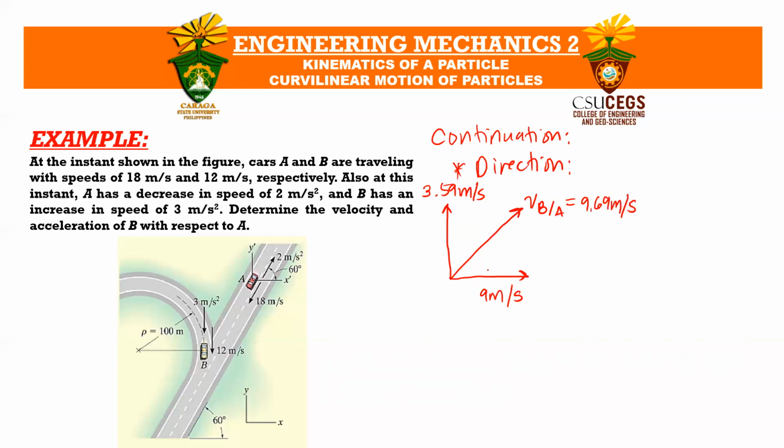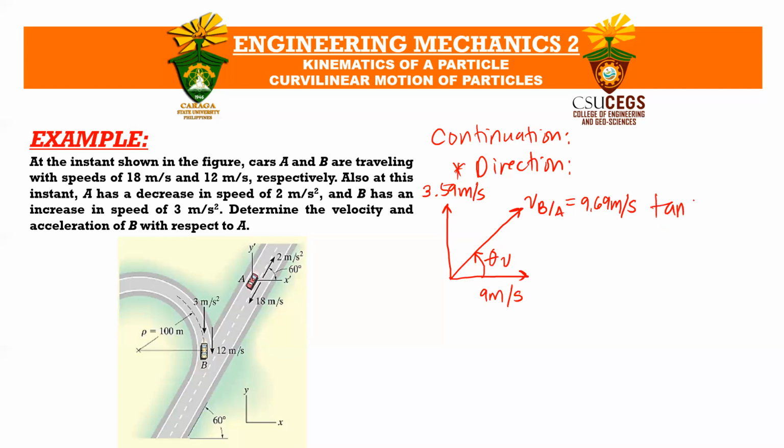So the direction that we need to determine here is from the x or horizontal axis going to your v sub b with respect to a, and we will denote that with theta v. The trigonometric function that we will use to determine the angle theta v is tangent.